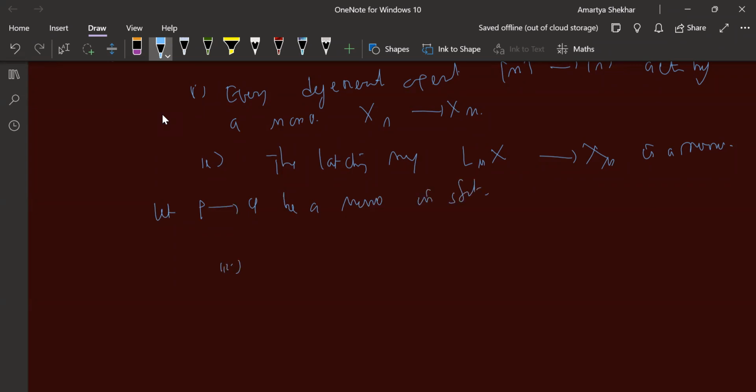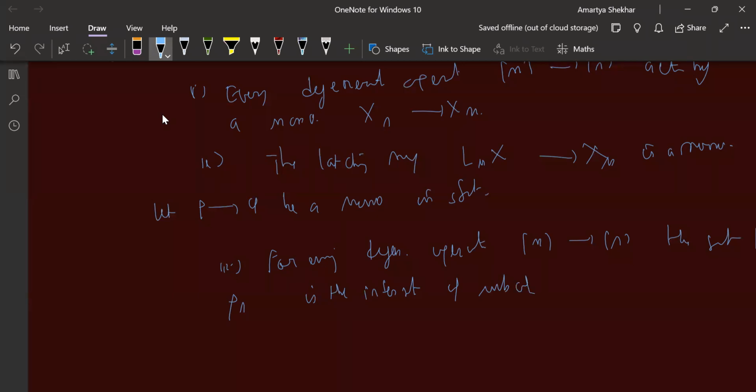Then for every degeneracy operator, the object is the intersection of subobjects Qn of Qm.